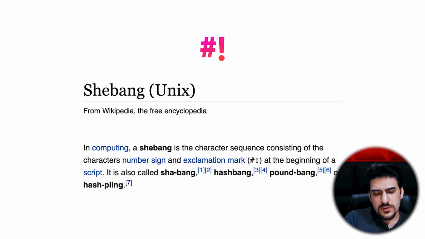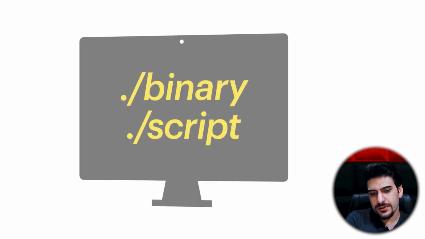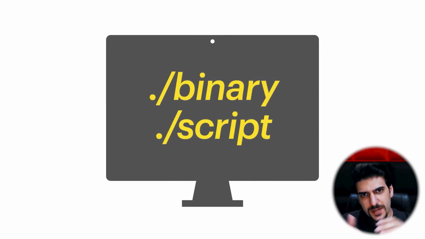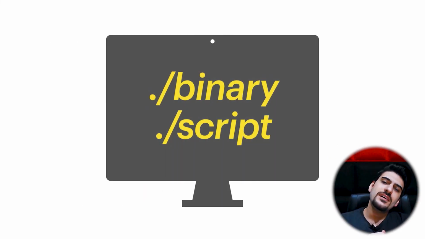It is a sign that shows the location of the interpreter we want the script to be interpreted by before execution. So let's go to an example in real life and type some scripts and binaries and run them in order to see what happens.